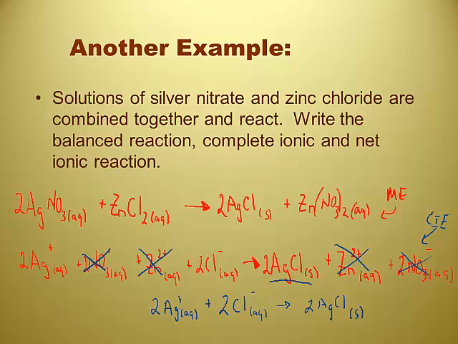One small detail, Mr. Kane: according to the rules of balancing, if you can reduce all the coefficients, reduce them. Those can be reduced down to 1, 1, 1. This is our net ionic equation.